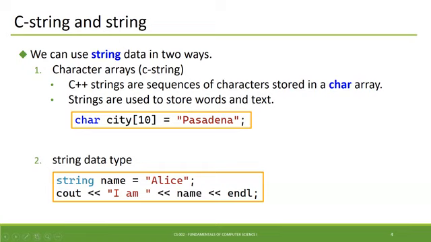So we can use the string data type in two ways. One is a character array, which is called C string, and the other is just a string data type. Look at this one. This is a char array, size 10.